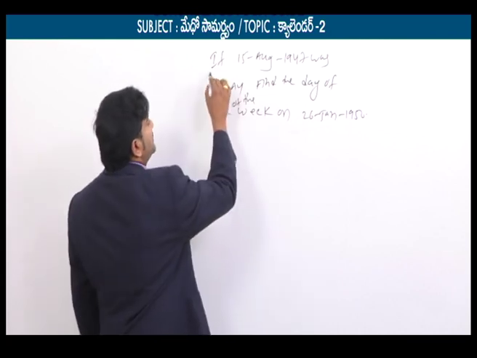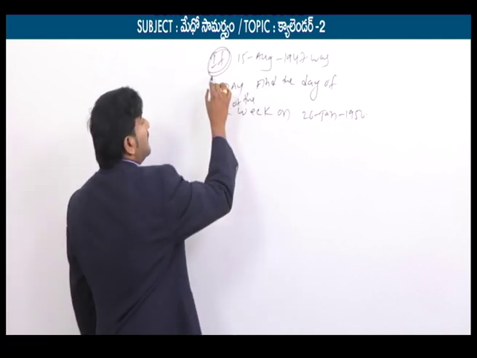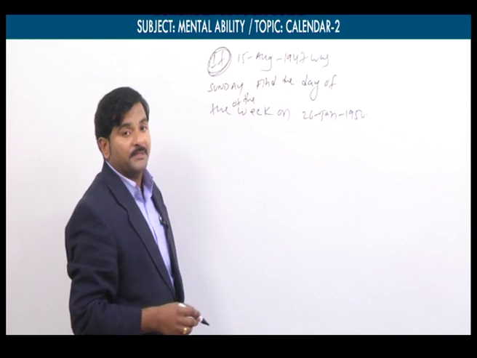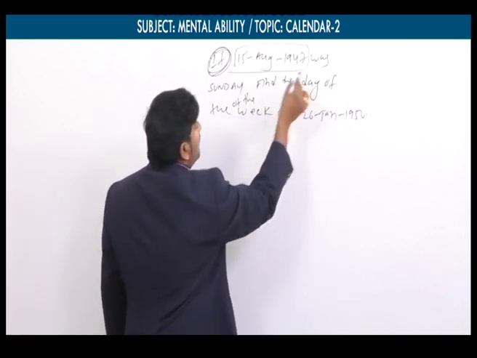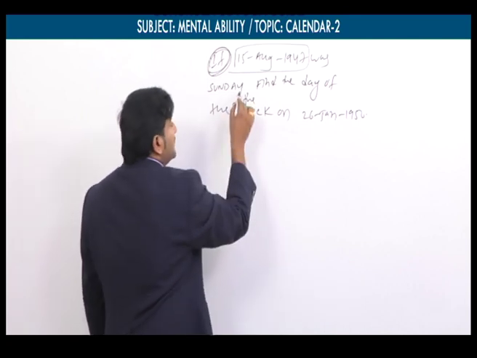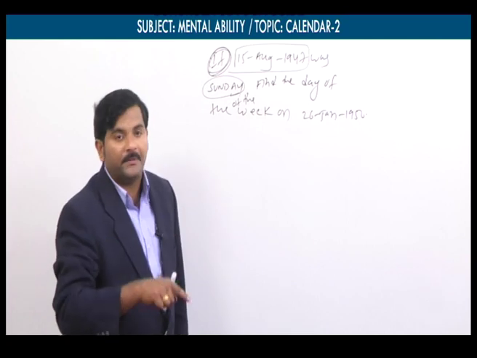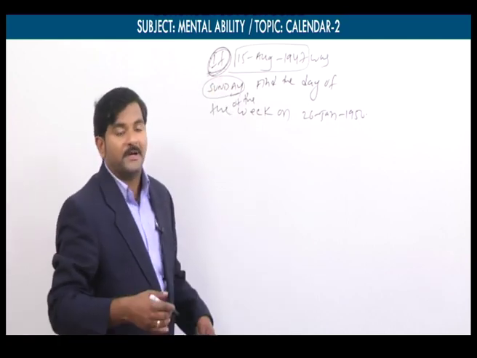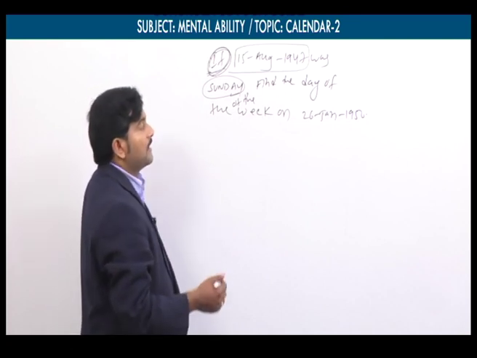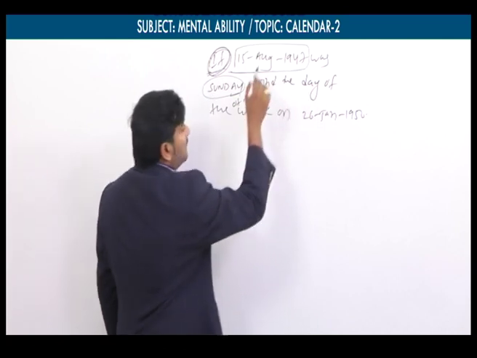Here again an if condition is there. Just now I told you, once again I am reminding: what does the if condition mean here? If 15th August 1947 was Sunday, it may or may not be Sunday, because he mentioned the word if. Now what is our intention? What do we need to do? According to the known formula, we have to find out the actual day for the given date.